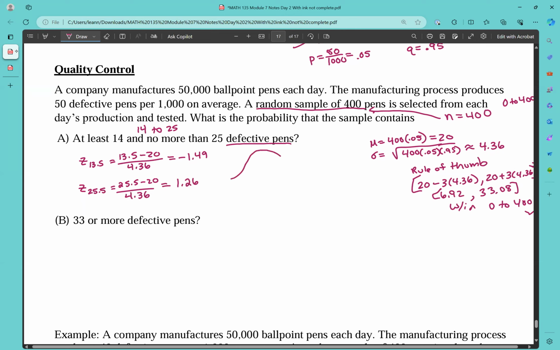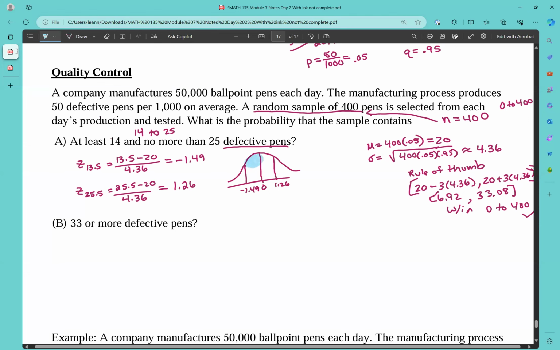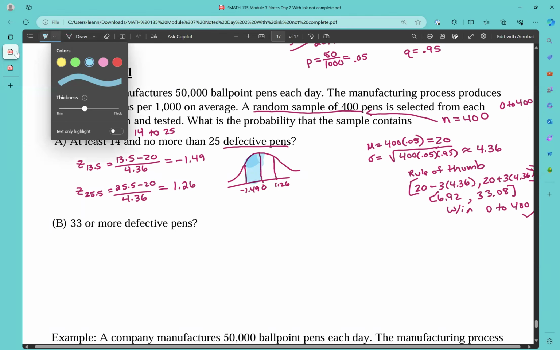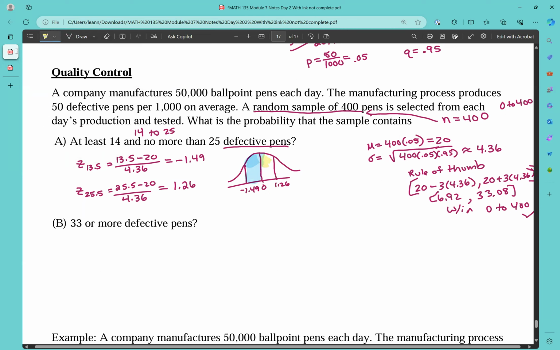Think about my picture, what that looks like. Here's 0 in the middle, going down to negative 1.49, going up to 1.26. Again, just roughly estimating where I think those are. That's two different sides of my 0. So I'm going to have to do two areas from my table, 0 to the one side and then 0 to the other side.